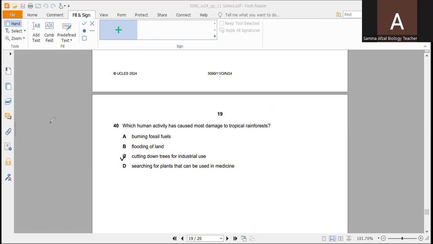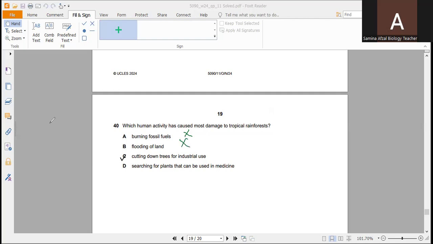The first option is burning fossil fuels. Burning fossil fuels contributes to climate change, which impacts rainforests, but the most direct and significant damage comes from deforestation. So this is not the correct option. Flooding of land can damage some areas, but it is not the primary cause of widespread rainforest destruction.